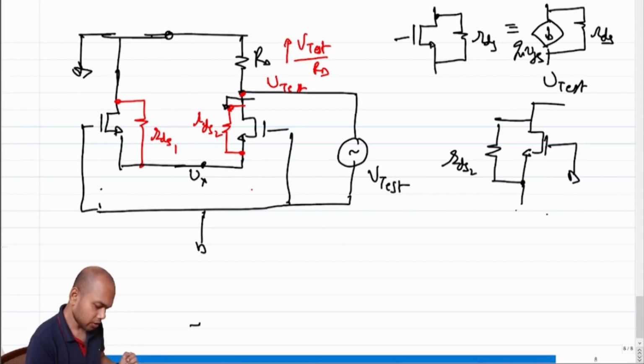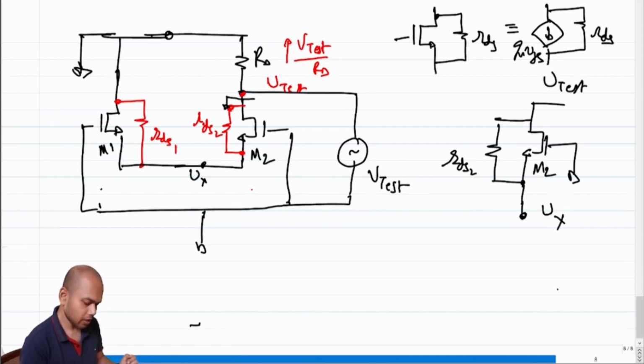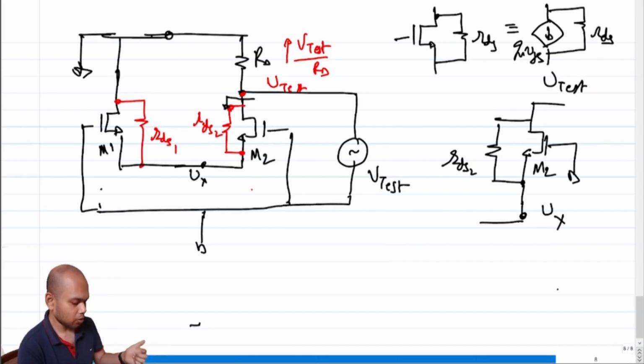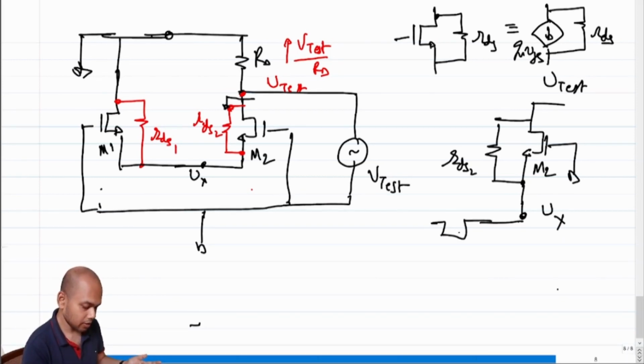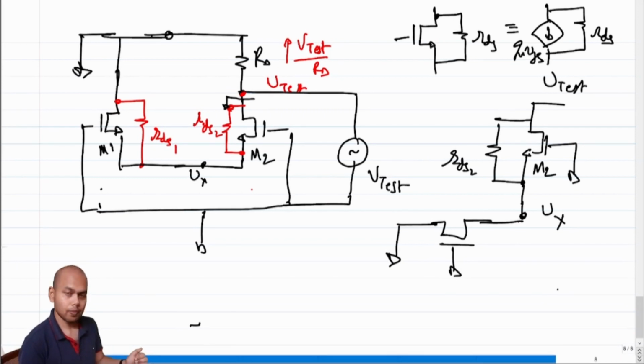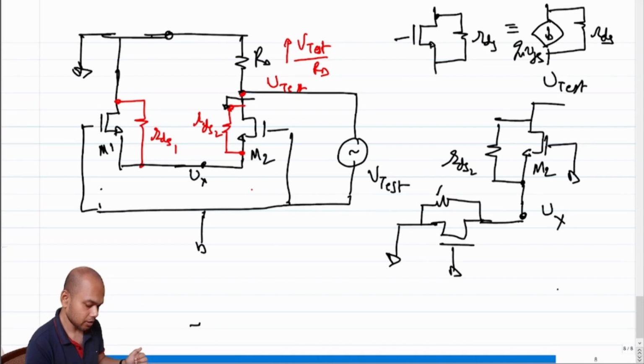So if this is M2, what is this node? This node becomes Vx. What is connected to Vx? We have M1 whose gate is grounded and whose drain is shorted, and M1 also has its output resistance RDS1.